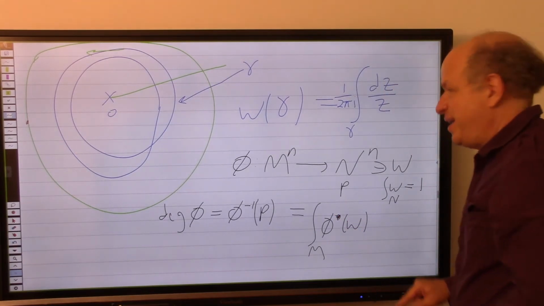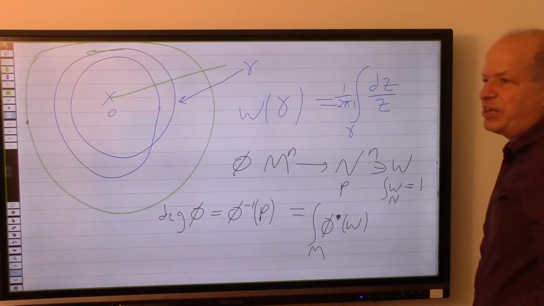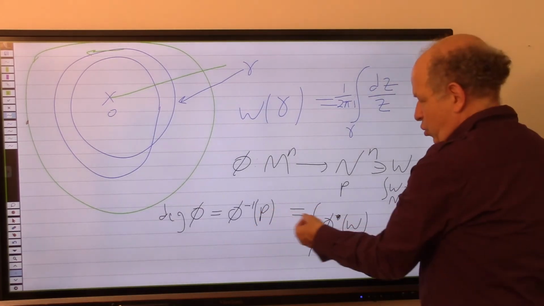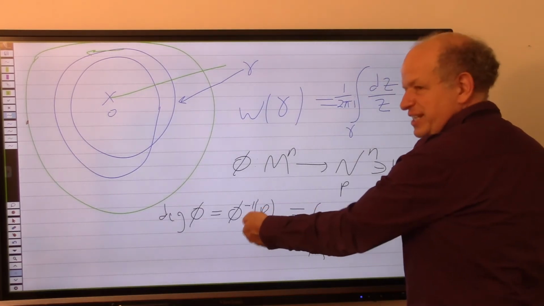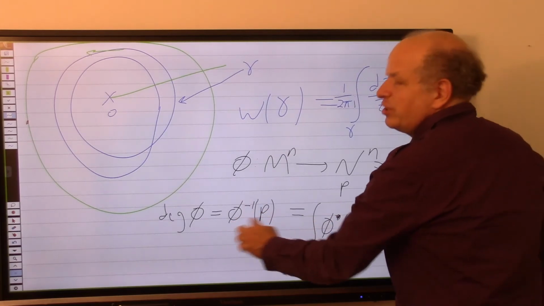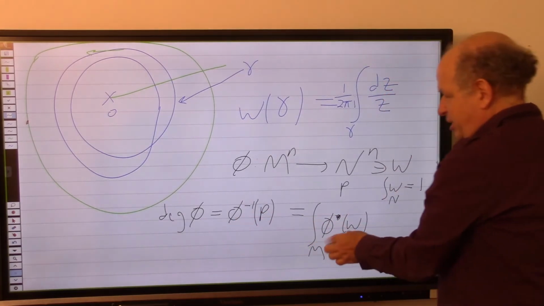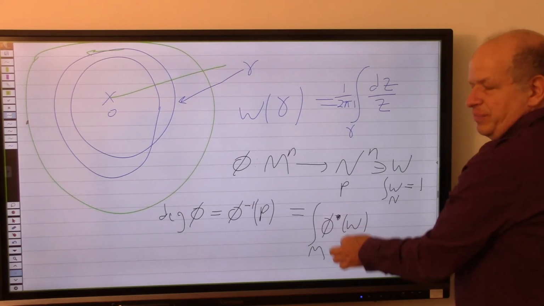And that is the same degree. So basically, computing coincidences can be done using integration.